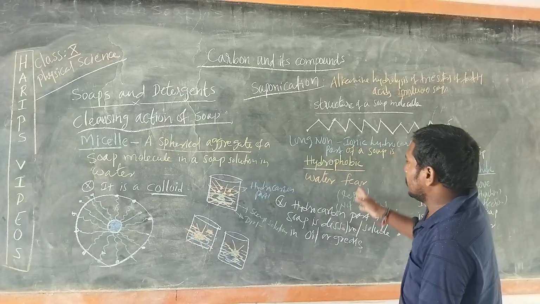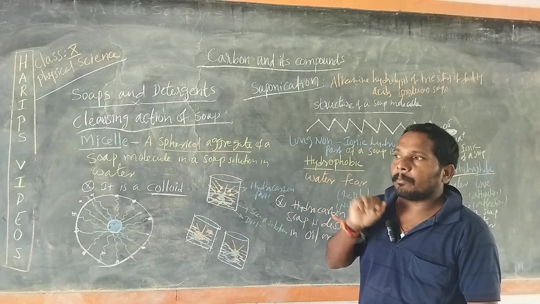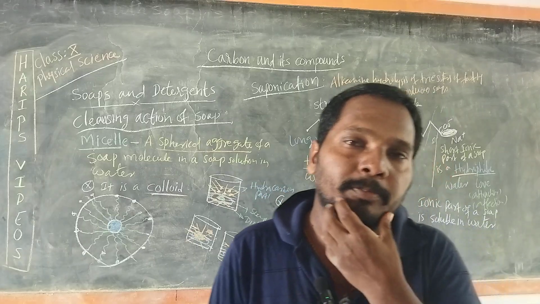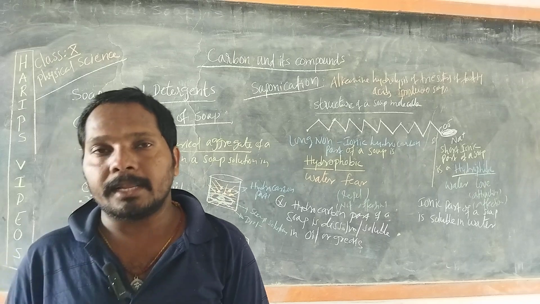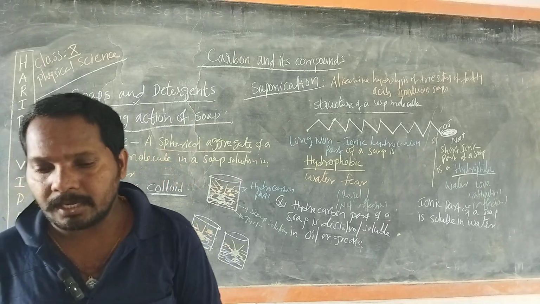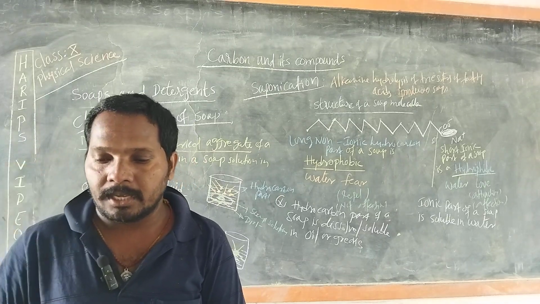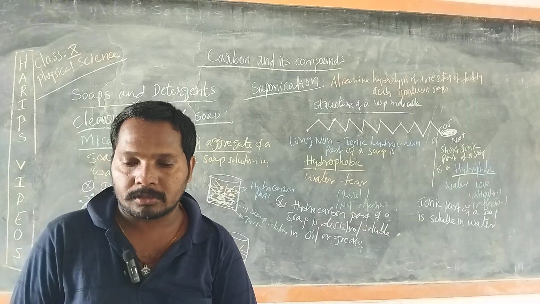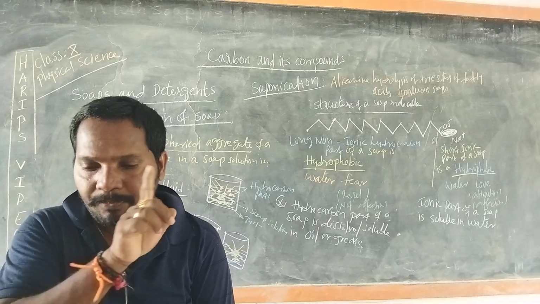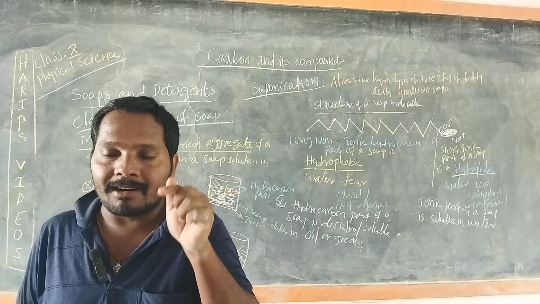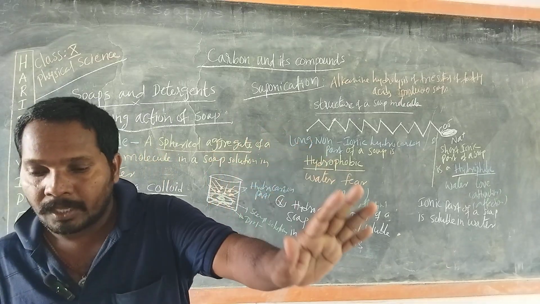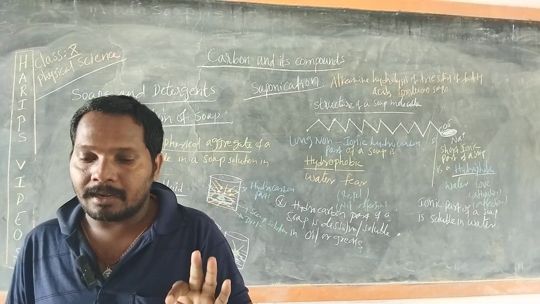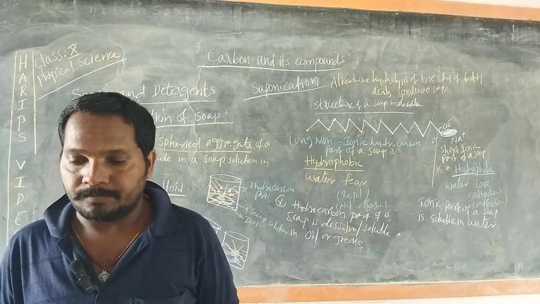Then the other part is attracted towards the dirt particles and removes the dirt. The non-polar end is hydrophobic in nature. It is attracted towards the grease or oil on the cloth but not towards the water. When soap is dissolved in water, the hydrophobic end attracts itself to dirt and removes it from the cloth, right?